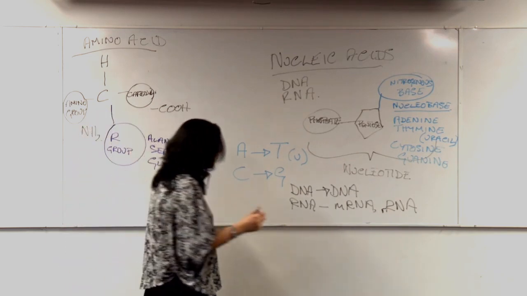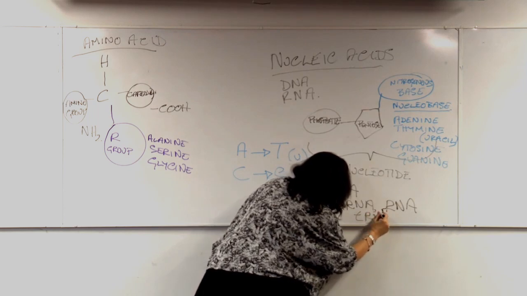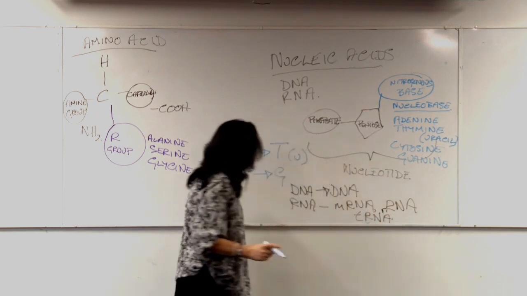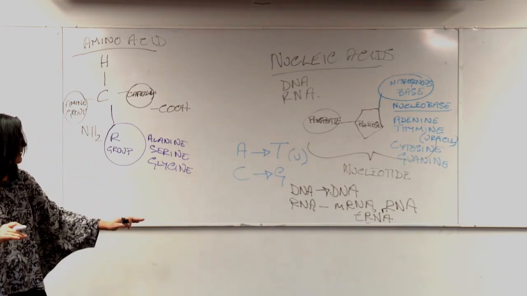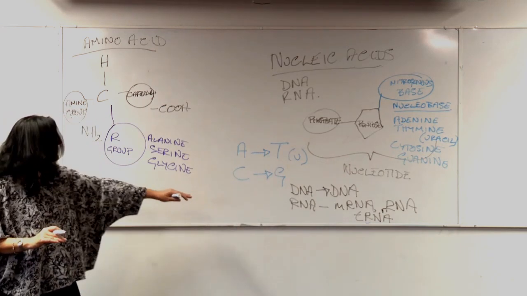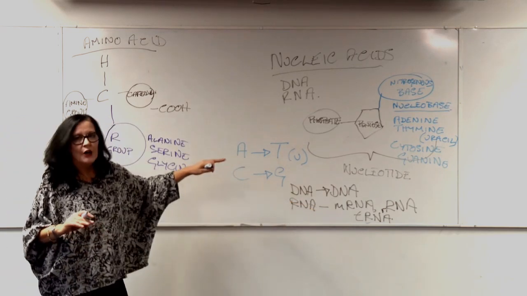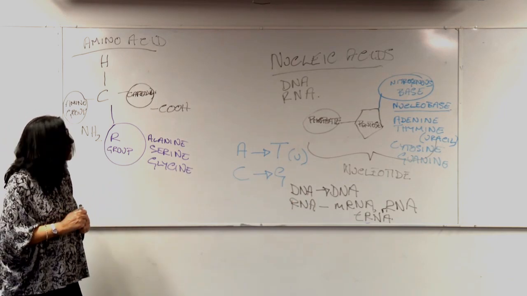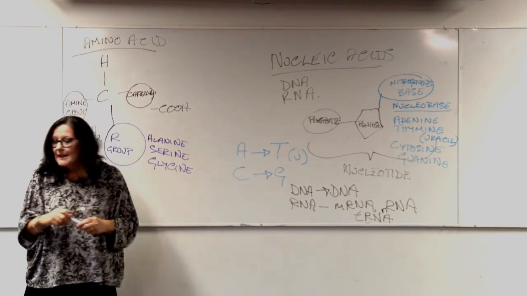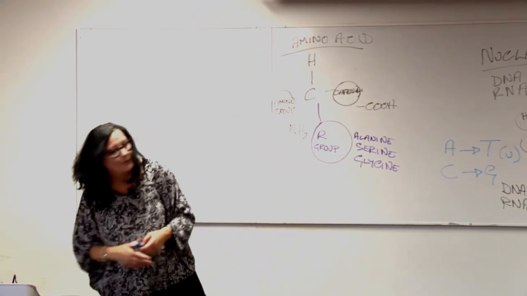Transfer RNA is what brings in the amino acids. Once we get out to the ribosomes, transfer RNA codes for different amino acids. That coding is dependent upon the sequence of nucleotides.